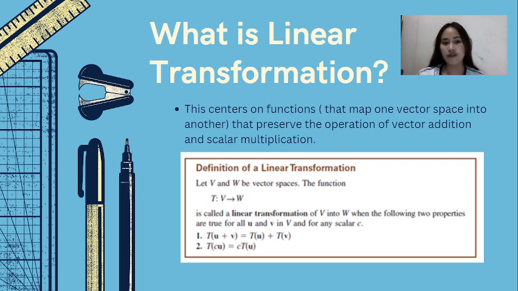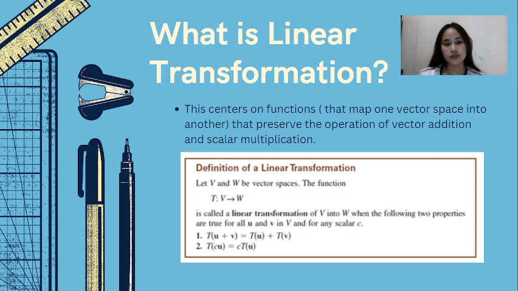Specifically, a function T mapped from V to W is called a linear transformation if it satisfies the following two properties for all vectors u and v in the domain vector space V and all scalar constants c.